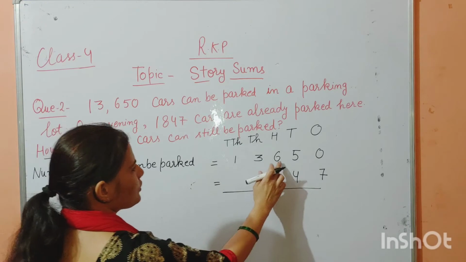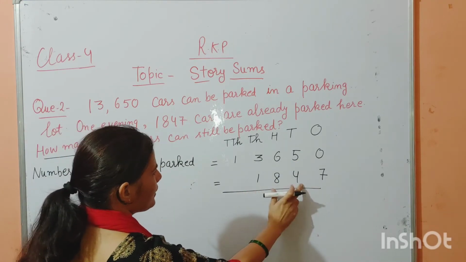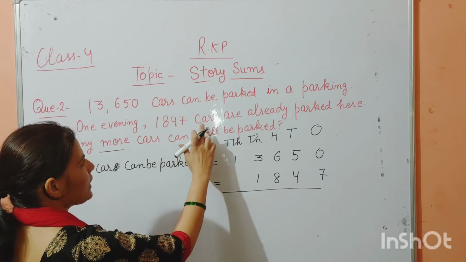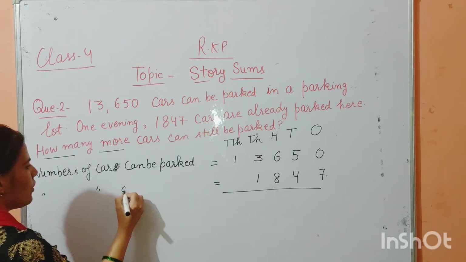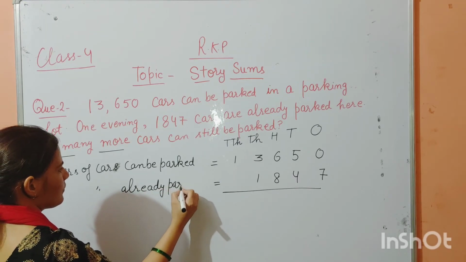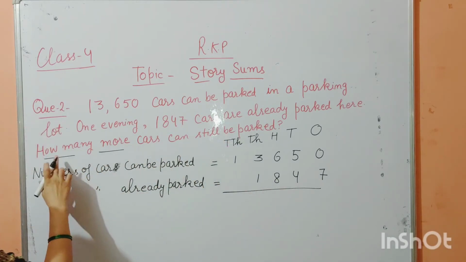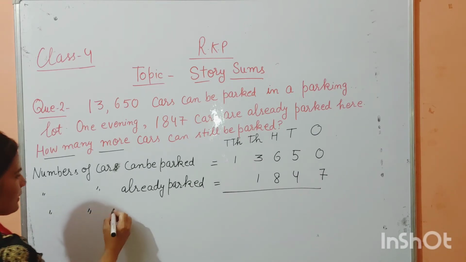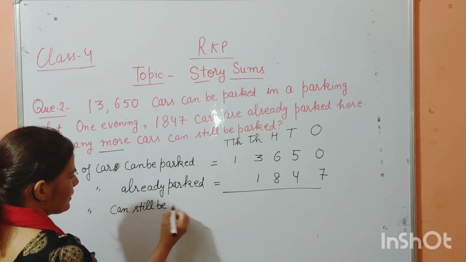Then find the next number, 1,847. Here it is, and read this sentence. Cars are already parked. So you can write number of cars already parked. Okay. So what do you have to find? How many more cars can still be parked? So number of cars can still be parked. That will be your third statement.